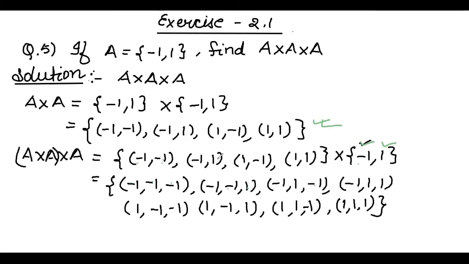Then minus 1, 1. Then 1, minus 1, minus 1. 1, minus 1, 1. Then 1, 1, minus 1. And last is here 1, 1, 1. So this is the value of the Cartesian product of 3 sets.